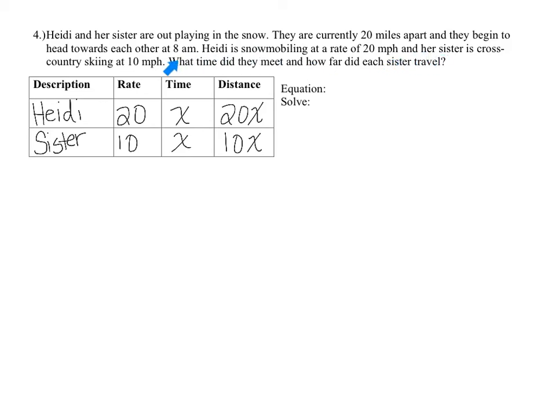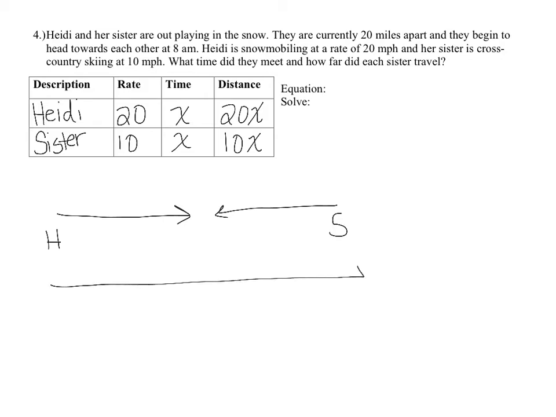So before we answer this question, let's come up with the equation, and the equation is always going to be done with the distance column. If you think about it, this one says that they're going towards each other. So they're in 2 different places. Let's say Heidi is here and her sister is here, and they are 20 miles away from each other.